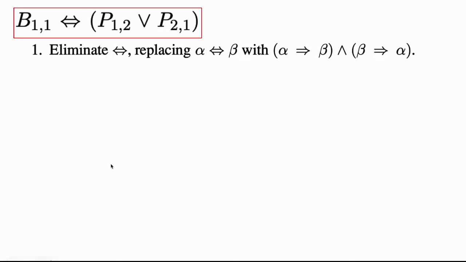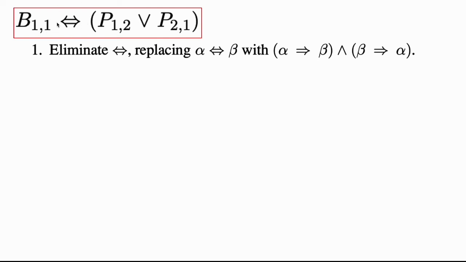The first thing you do here: you have an equivalence. You need to eliminate this equivalence and replace it by alpha implies beta and beta implies alpha, because that is what equivalence means, that it is a bidirectional relationship.